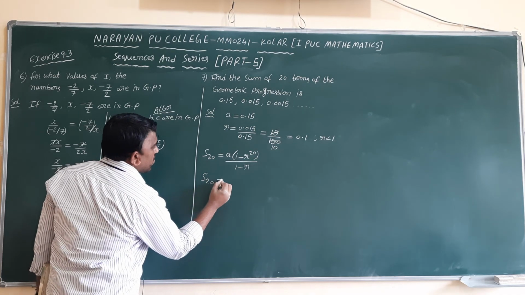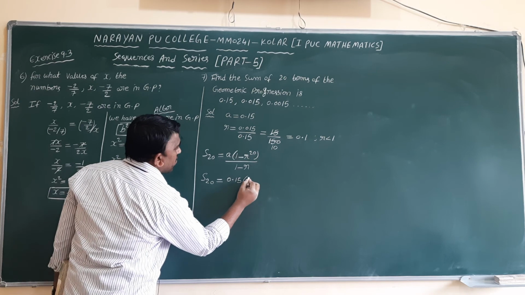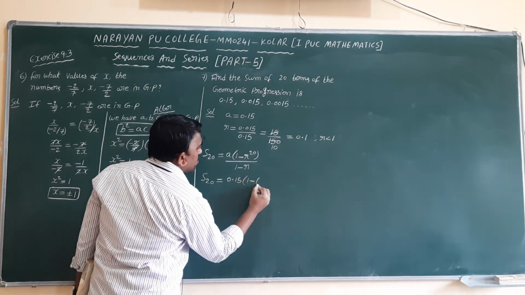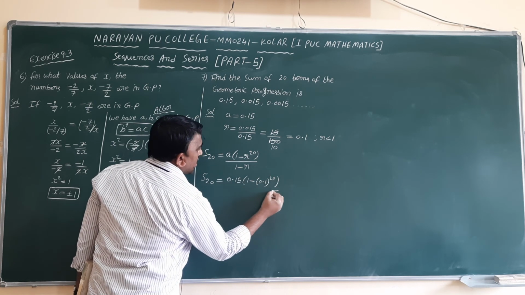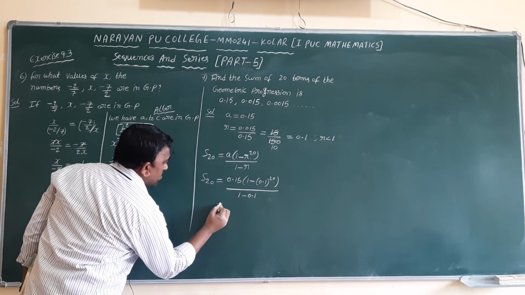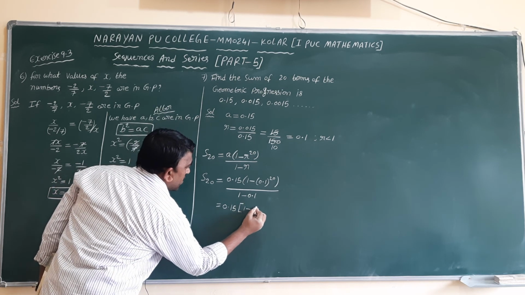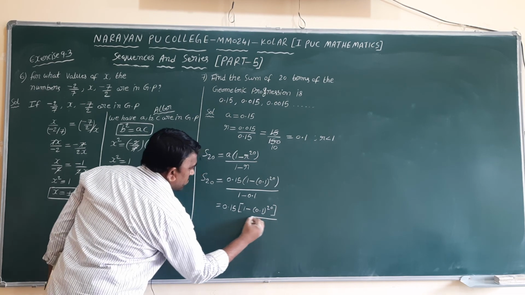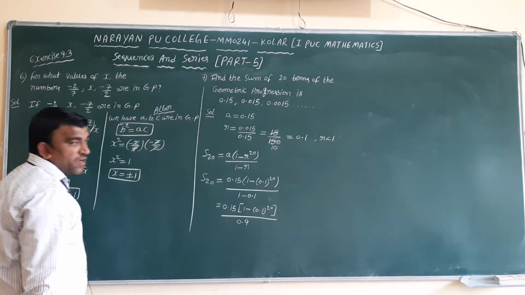S20 is equal to A value 0.15 into 1 minus R value 0.1 whole power 20 divided by 1 minus 0.1. 1 minus 0.1 is 0.9.